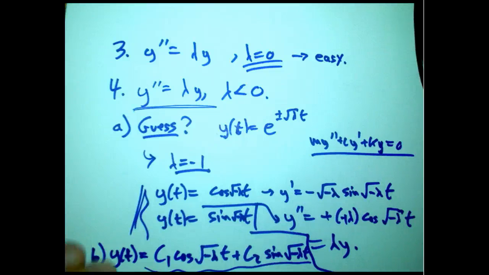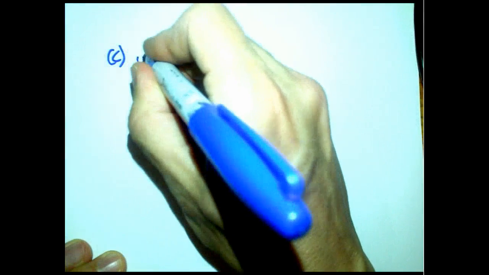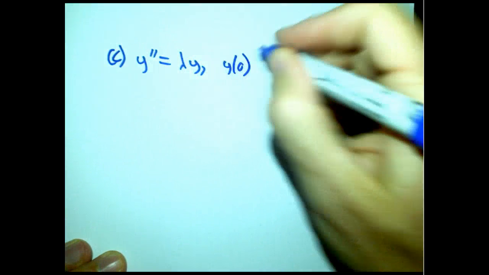Now let's emulate what we were doing before with the lambda positive case. In particular, to be really specific, this is what I call part C: what if we have y double prime equals lambda y, and we have pure motion.